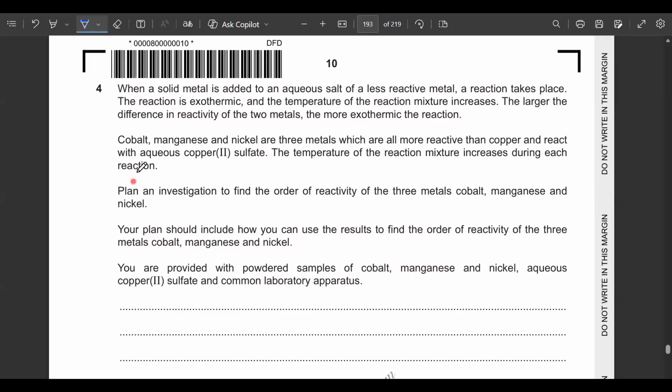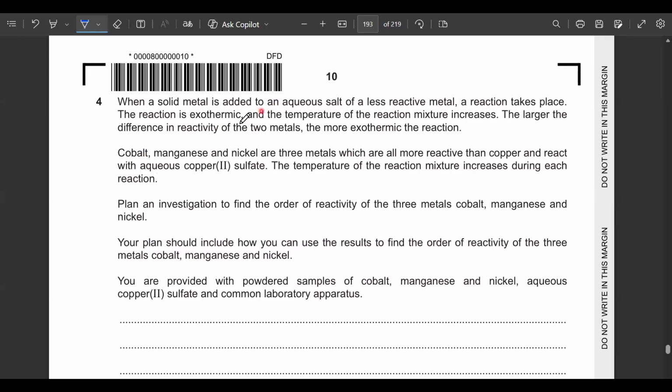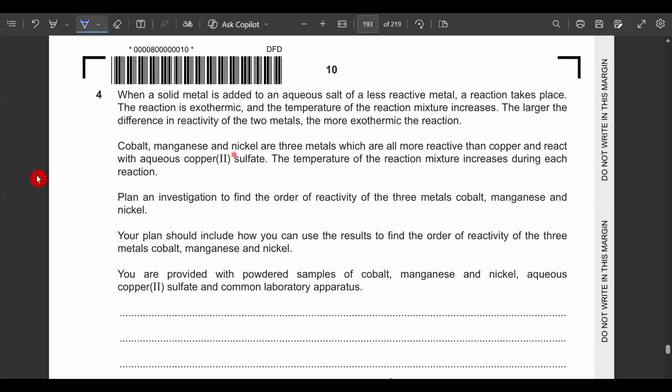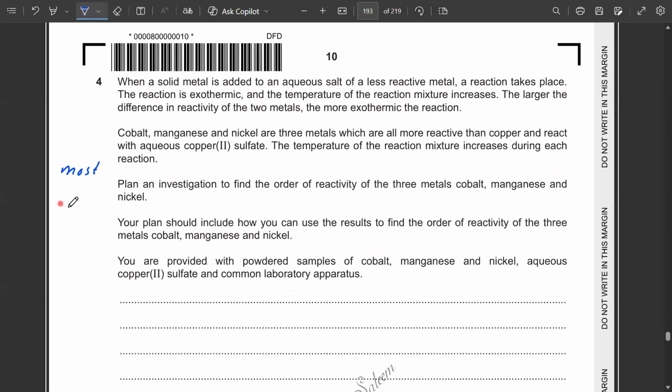So you have already studied this topic before in the topic of metals, that one metal was more reactive than another. There were three types of metals: most reactive, moderately reactive, and the other type was least reactive or unreactive.